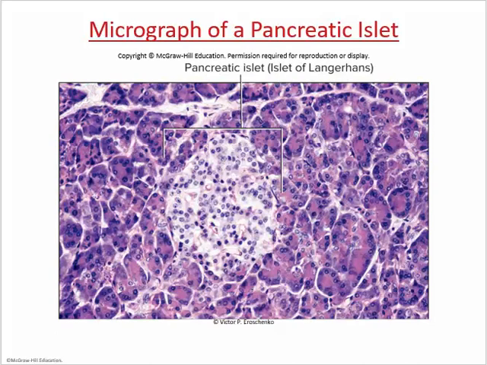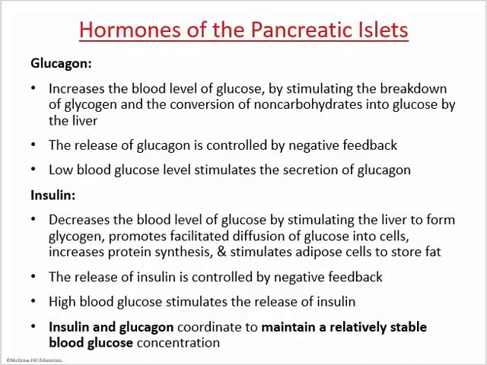There's an islet cell that has the alpha and beta cells in it. The rest of them are exocrine cells. So glucagon raises blood glucose levels by breaking glycogen down in the liver and making gluconeogenesis. It's controlled by negative feedback. The blood glucose levels directly stimulate the secretion of glucagon.